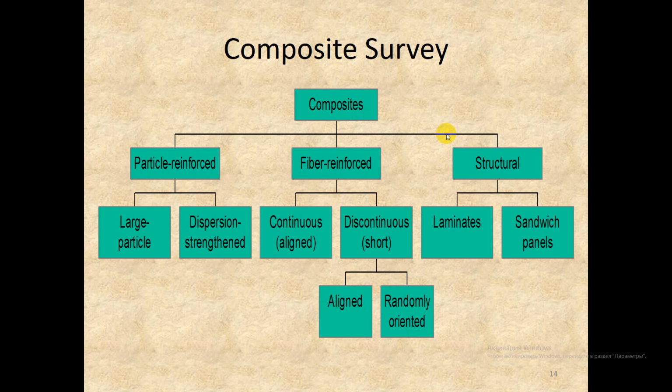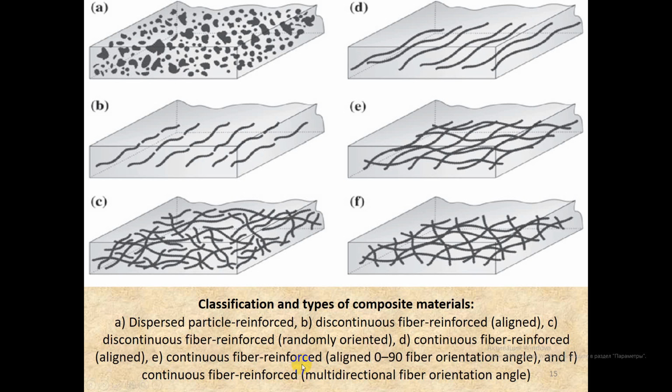And also, composites can be structural, laminated or sandwich panels. Here you can see a classification and types of composite material.